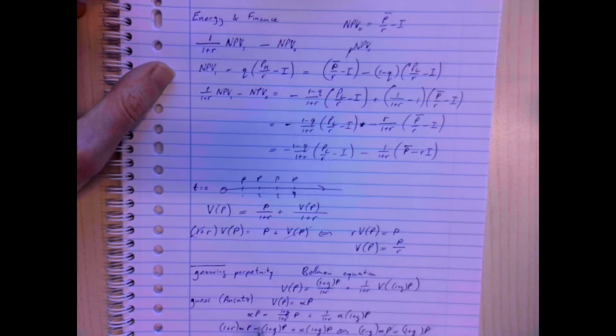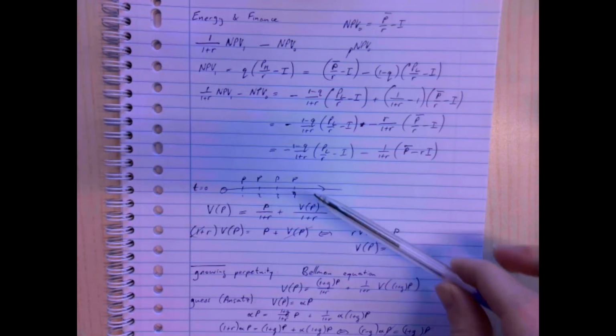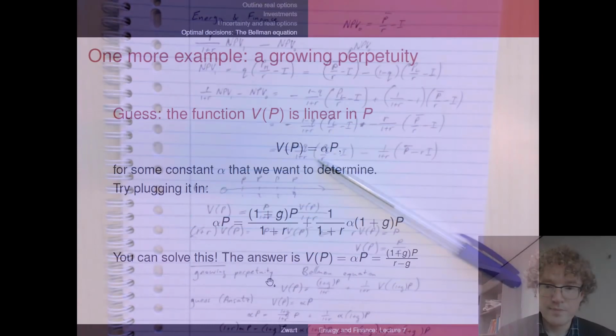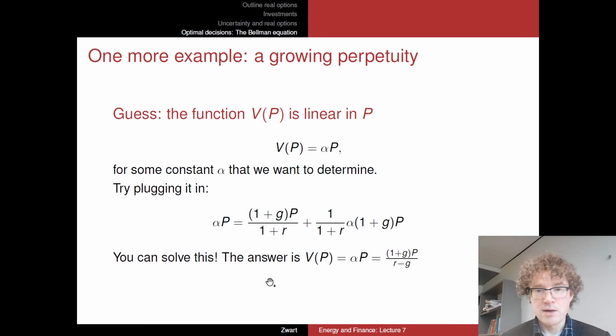So that's nice. So we have a solution here, which will be valid for any P, because this works for any P. Actually, P cancels out in this expression. So V of P is alpha, with this particular alpha, times P. So let's see this back again on the slide. So there we are, all is well. So here we solved it.